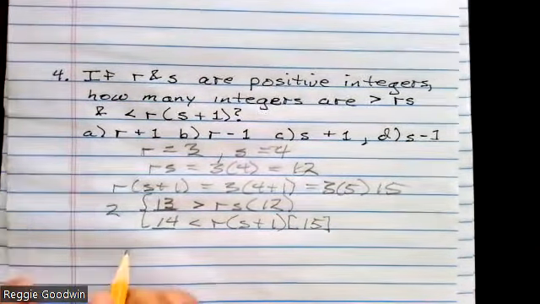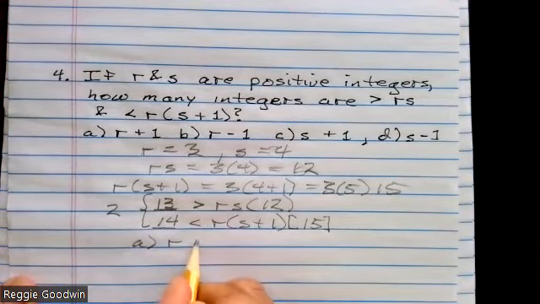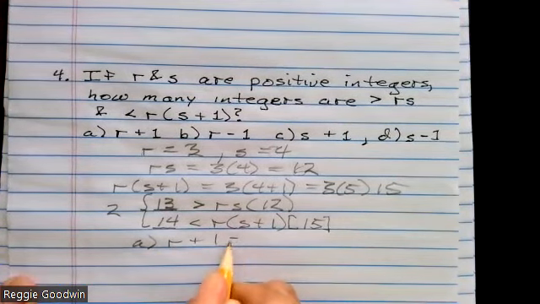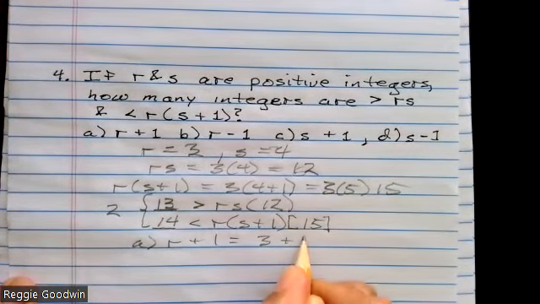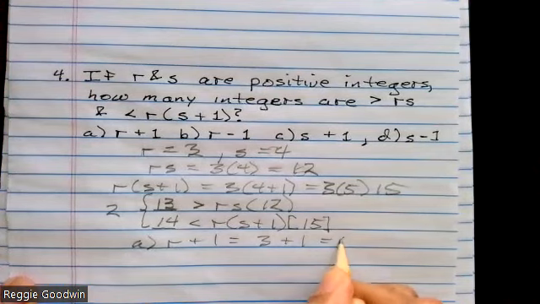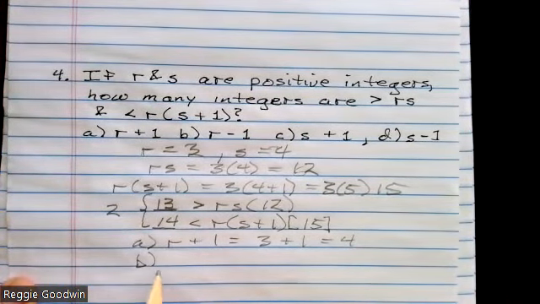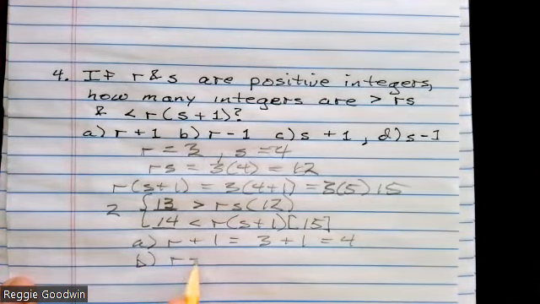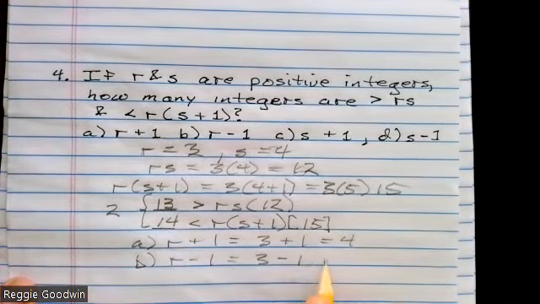So A is r plus 1, which is, our r is 3, plus 1, which is equal to 4. B, r minus 1 is equal to 3 minus 1, which is equal to 2.